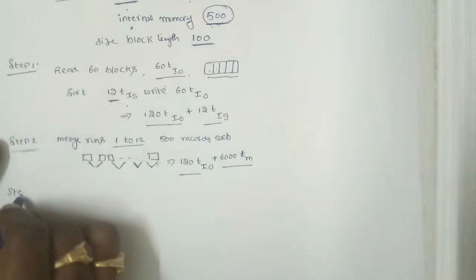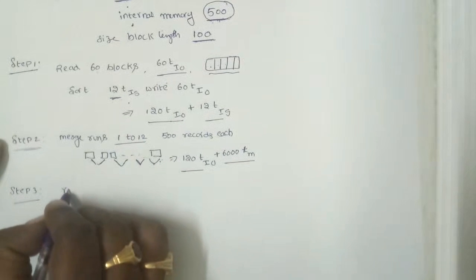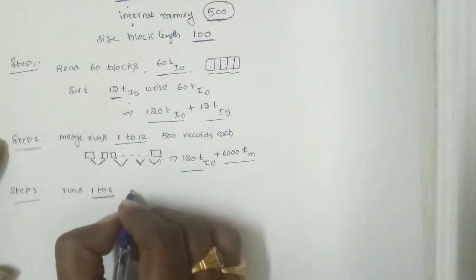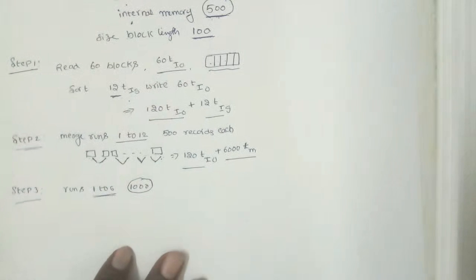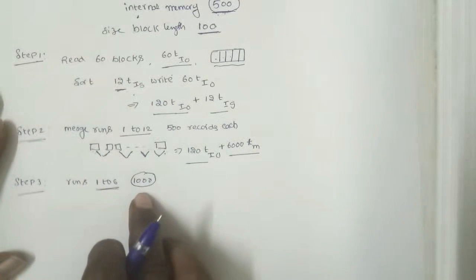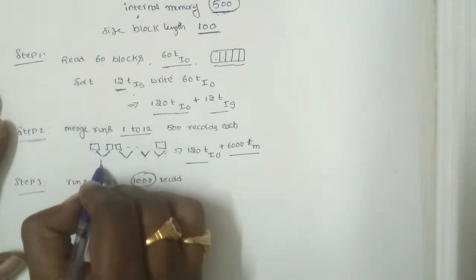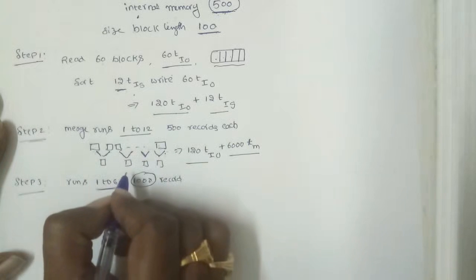Now step 3. How many runs do we have now? We have runs from 1 to 6. That is, now we have only 6 runs. The size of each run is 1000 records. That means in this step 12 are converted into 6.